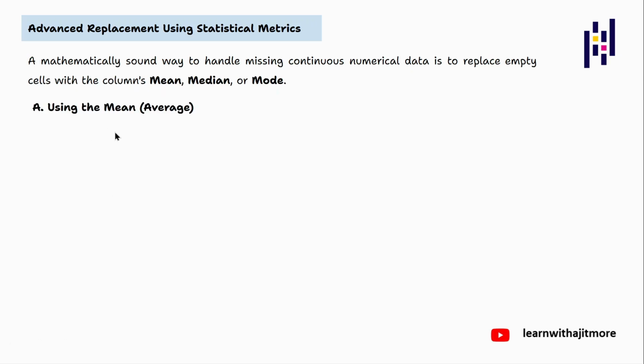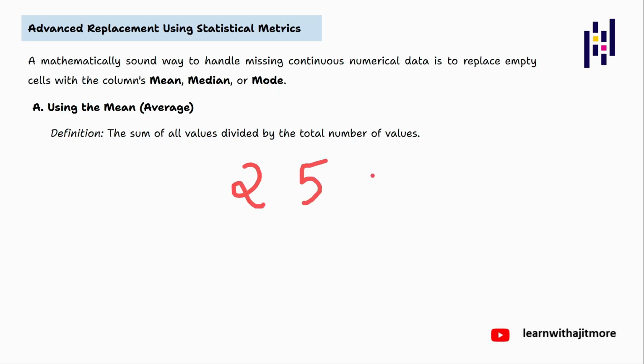First is using the mean. Mean means the average. So first of all, what do you mean by average? Average is the sum of all the values divided by the total number of values. I hope you understand this definition. Like 2 is there, 5 is there, 3 is there, then 4 is there, and then 1 is there, suppose.